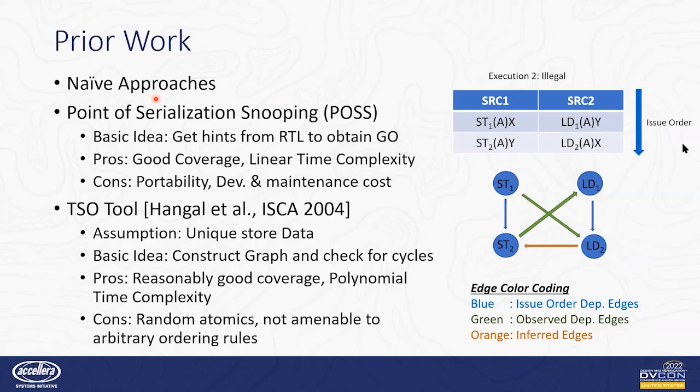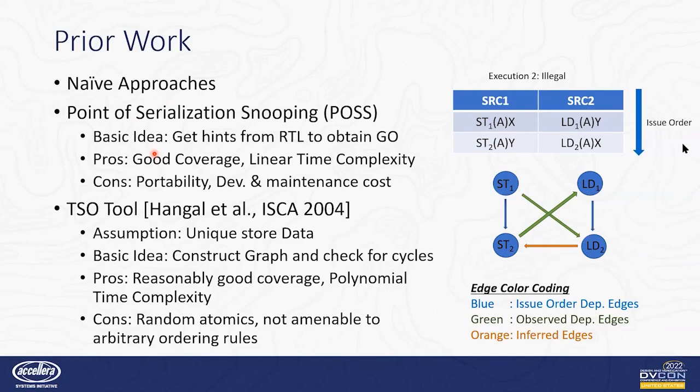at Nvidia and elsewhere. So there are two main very popular techniques. One is the point of serialization snooping technique, which is known by other names in different places. But the basic idea here is you're driving memory operations on the DUT, and you track each and every memory operation inside the design using monitors all the way to the point of serialization.